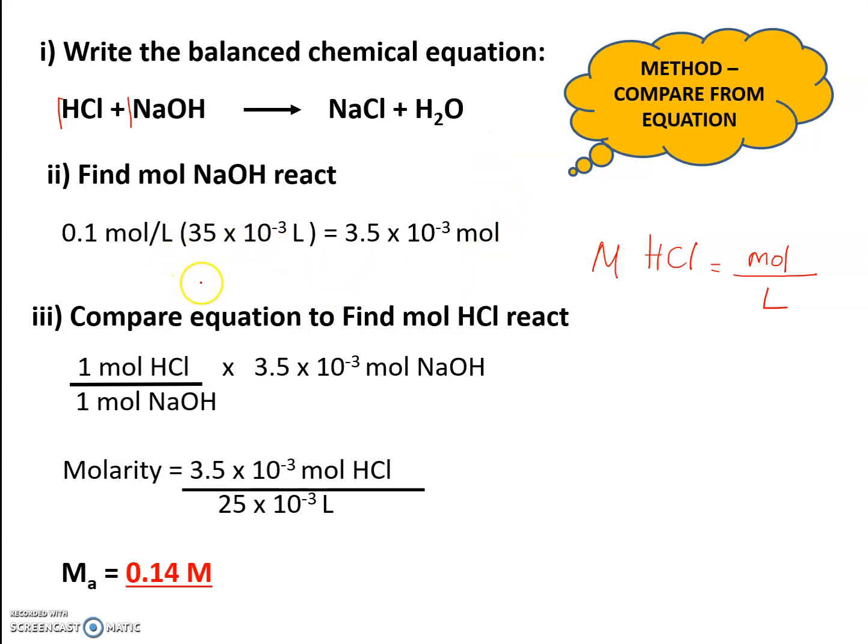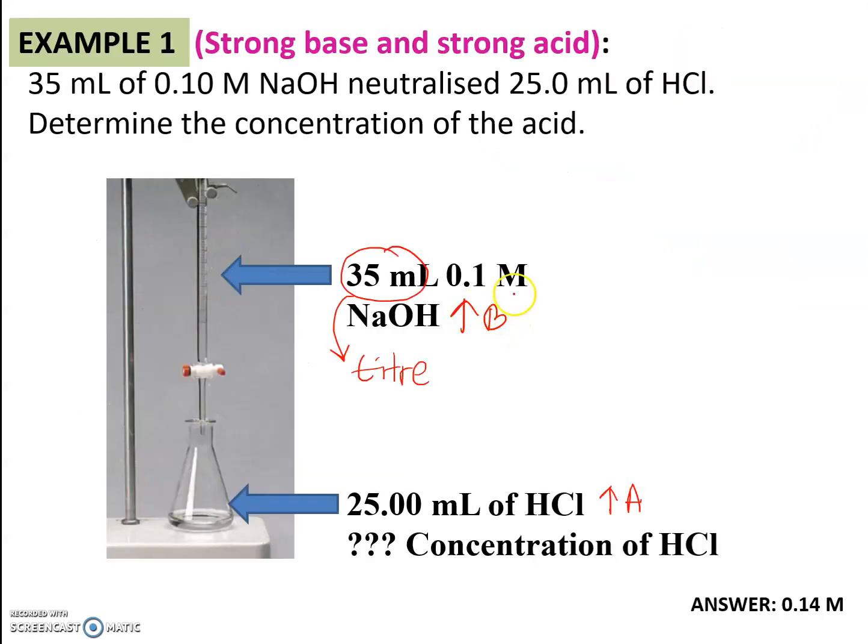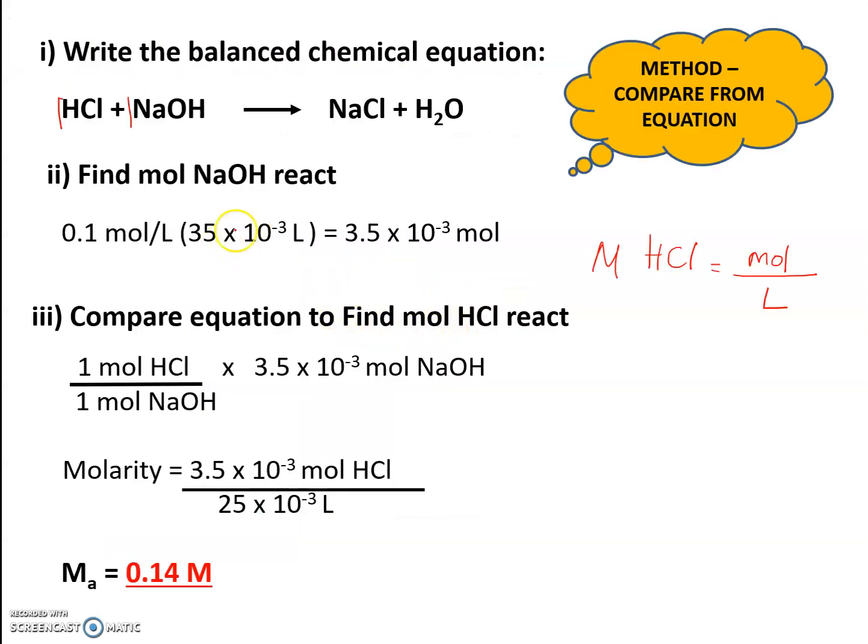Based on the titration, given the molarity and the titer of the base, we can find the number of moles of sodium hydroxide reacted, from the molarity and volume of titer.